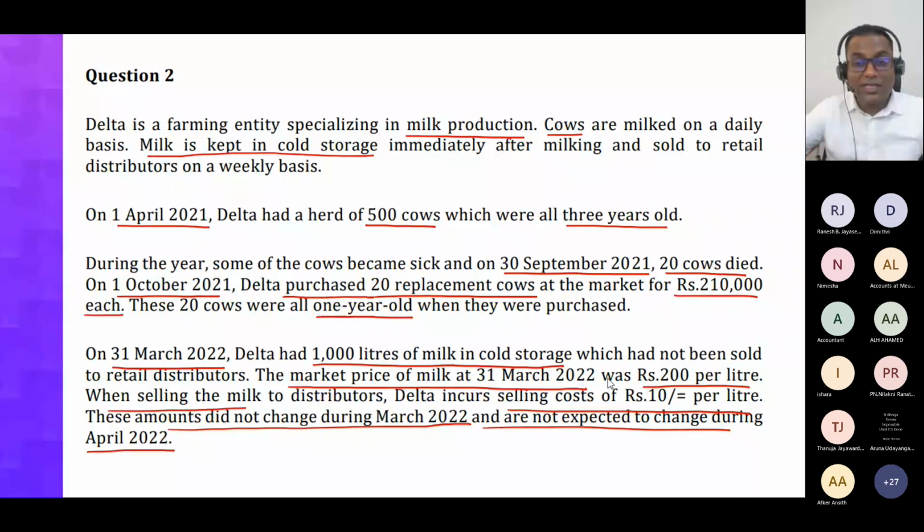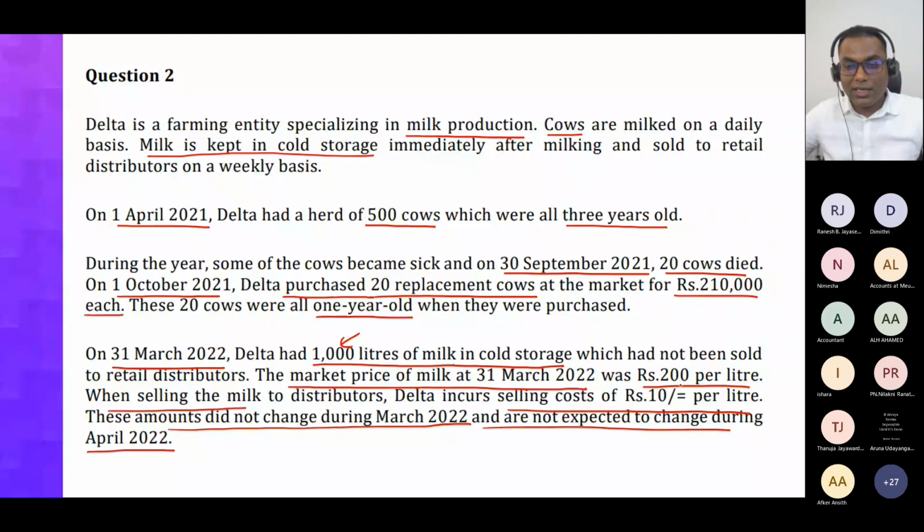Now, what is this? Milk is the harvested product of entity's biological asset, which means milk is the agricultural produce. LKS 41 is applicable at the time of harvesting, right? So this milk has to be measured at fair value less cost of sale. Now, at the year end, how many liters are there at the warehouse in cold storage? 1,000 liters.